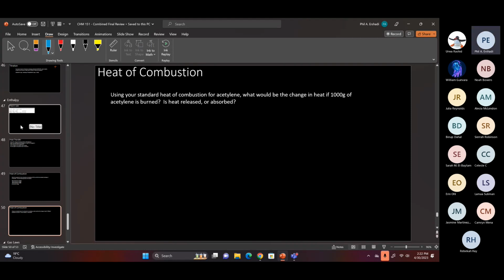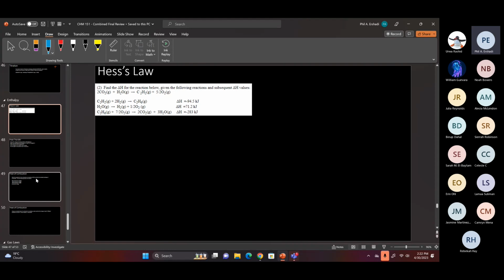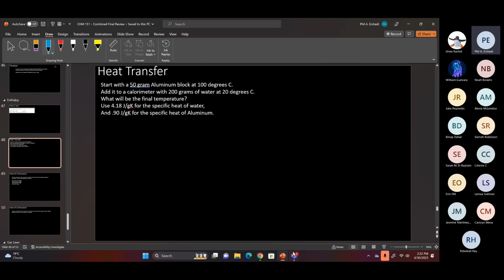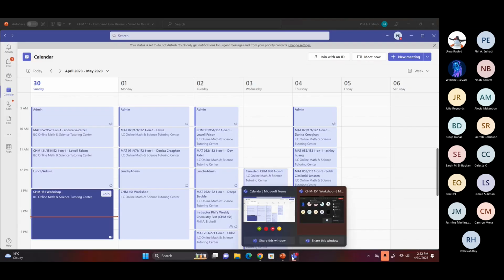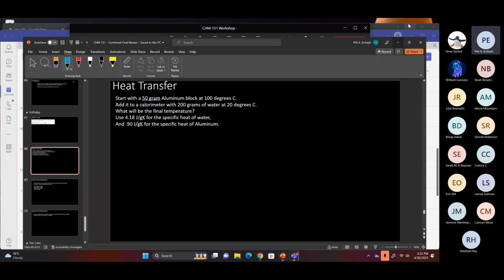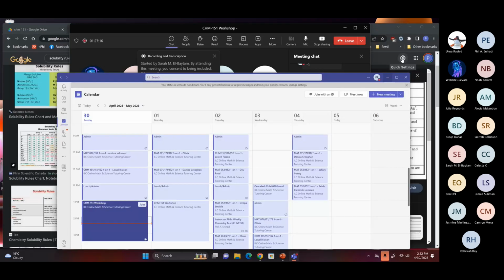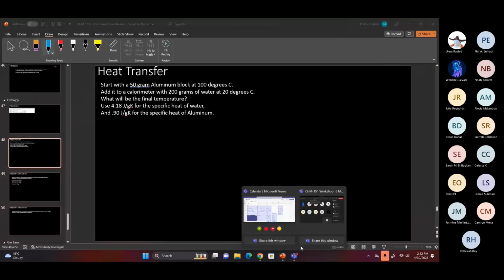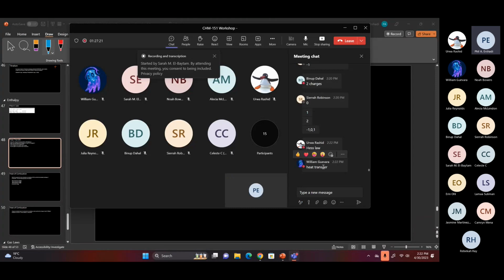Did anyone have one of those three that they would rather start on? Hess's law, combustion, or heat transfer? Try Hess's law? I don't blame you. We'll do Hess's law first, and we'll see if we have time to do the other.